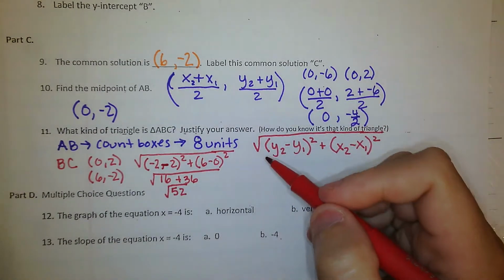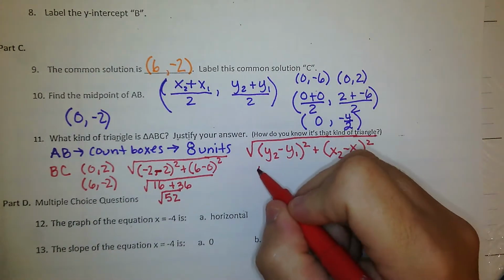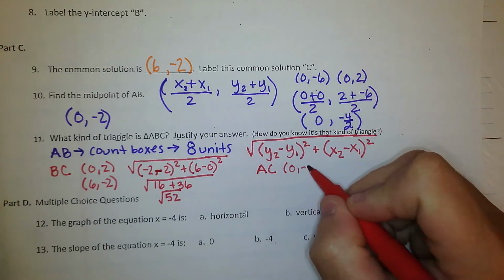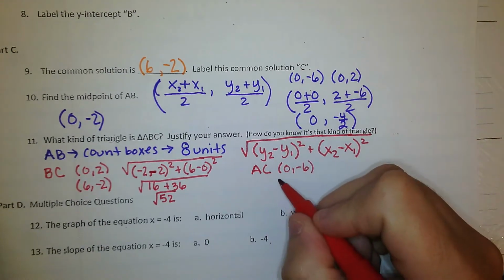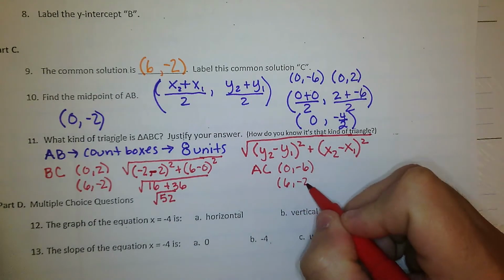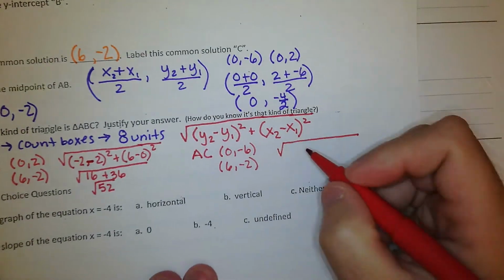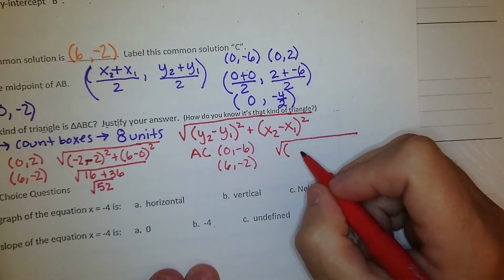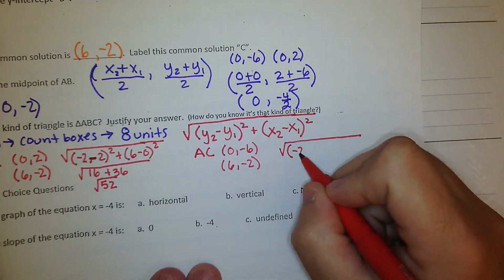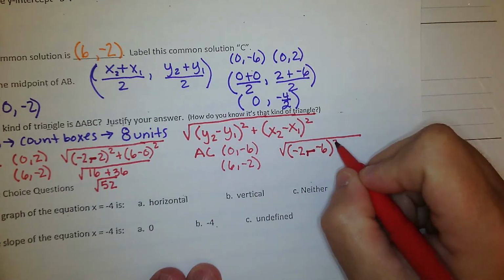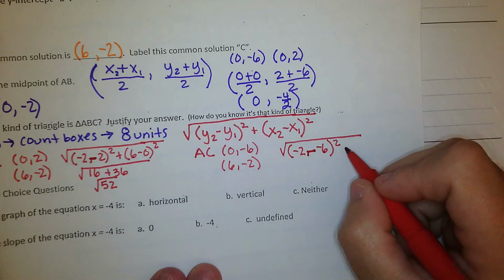And so what we need to do now is we need to see what AC is going to be. A's coordinate is 0, -6. And C's coordinate is still 6, -2. One more distance. Y2 minus Y1, that's -2 minus -6 squared.